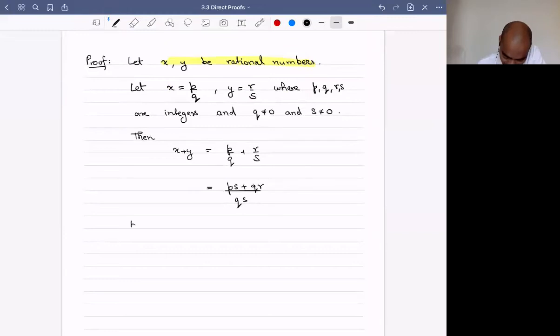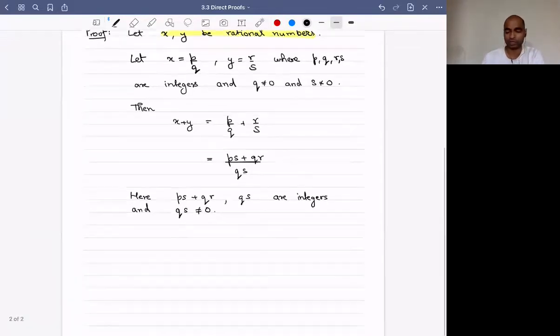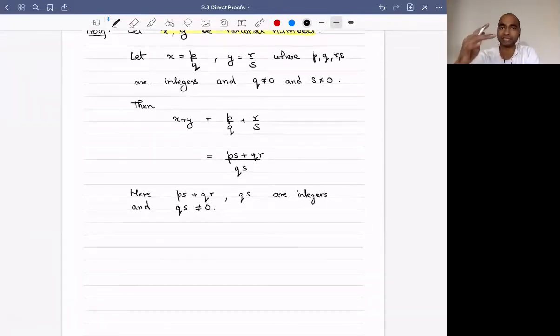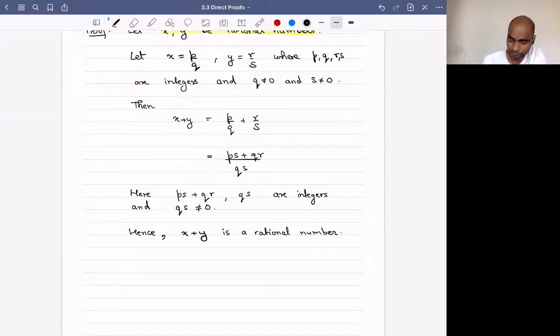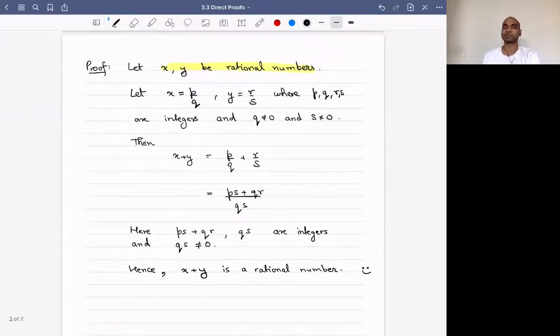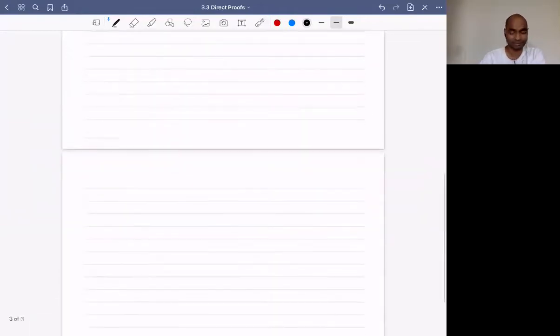And now here, ps plus qr and qs are integers, and qs is not equal to 0. So what I've done is I'm expressing x plus y as a ratio of two integers whose denominator is non-zero. And hence I can conclude that x plus y is a rational number. So this is how you would write a proof. Now let me do a complicated example.